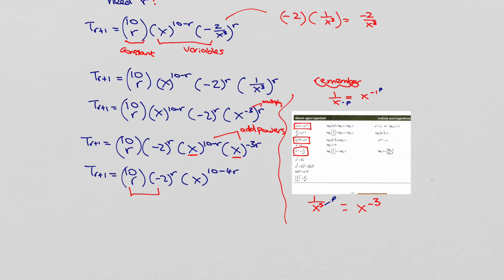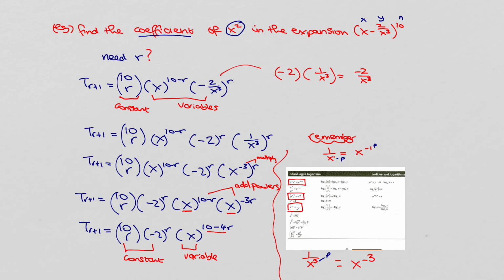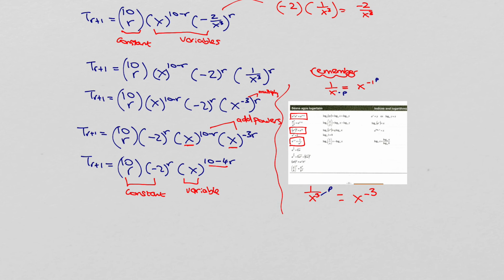So now I have my constants, and I have the variable, and I just have one variable, x raised to a power, and I know this power has to be, if I go back, x squared. So I need x squared. So that means I need the power of x to be 2.